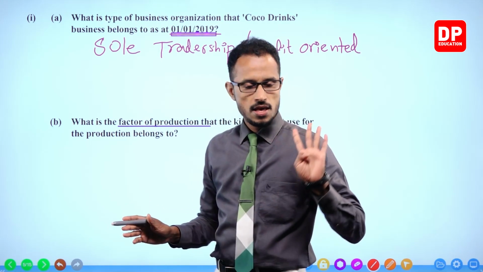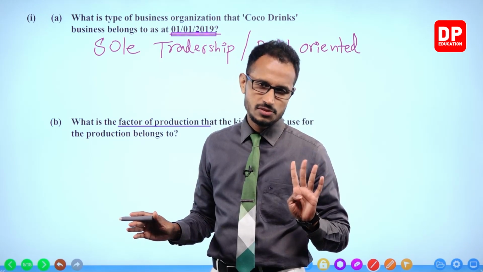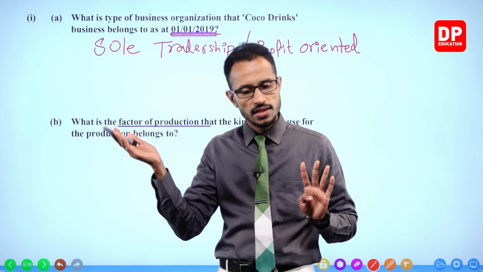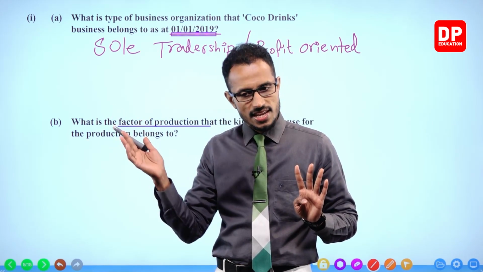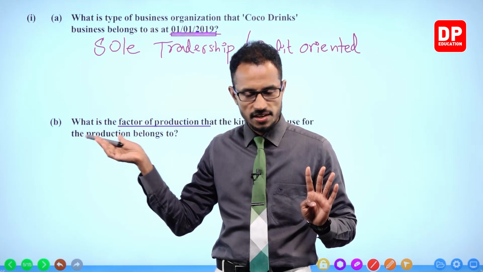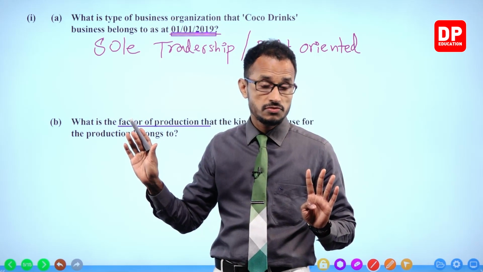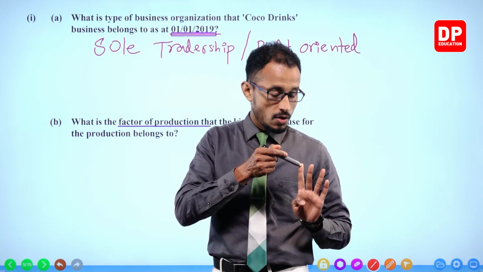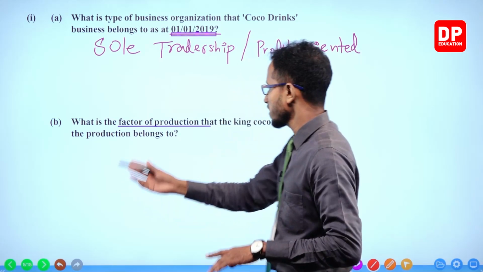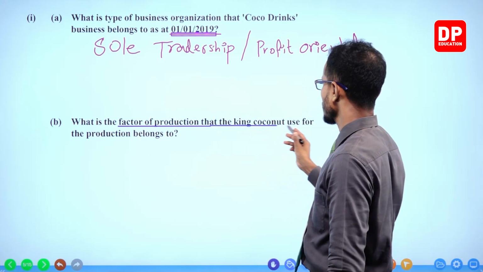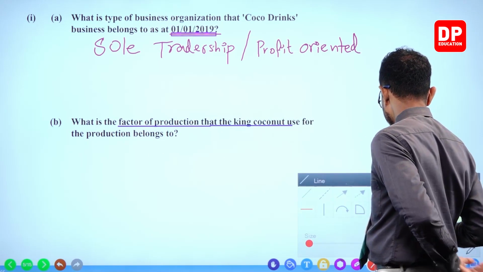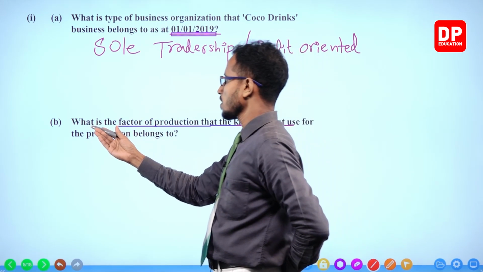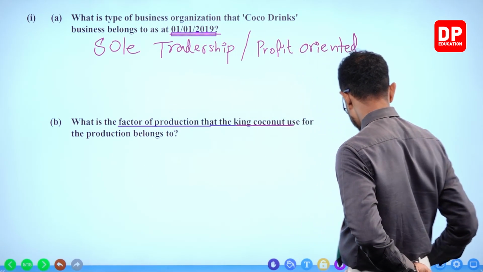Okay. Under these 4 factors of production, all the things, all the commodities and raw materials and laborers and cash money and everything used for production, used in the business, should be categorized under these 4. But all the natural resources go under land. King Coconut is a natural resource, which means King Coconut used goes under land.